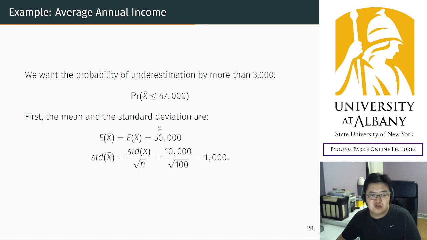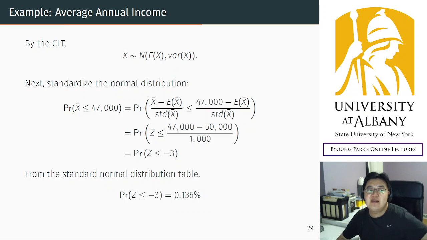Using those two parameters, you can standardize the probability. So for x bar, you subtract its mean and divide by its standard deviation, right? And do the same thing on the other side of the inequality. Then the random variable becomes a standard normal distribution.